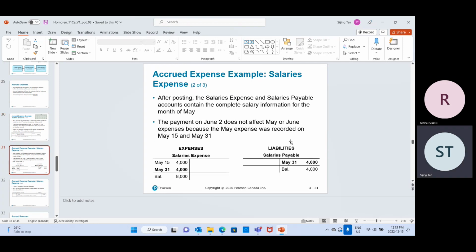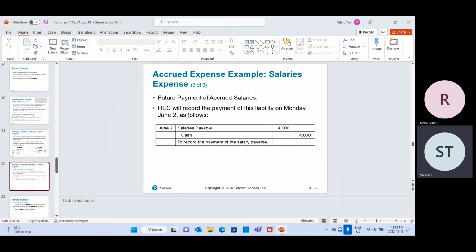Now, after posting, salary expenses and salary payable contain the complete salary information for the month of May. Then on June the 2nd, when the salary has been paid, we have to deduct our liability, salary payable, and also deduct cash from the asset account. So this is when the liability has been paid off.